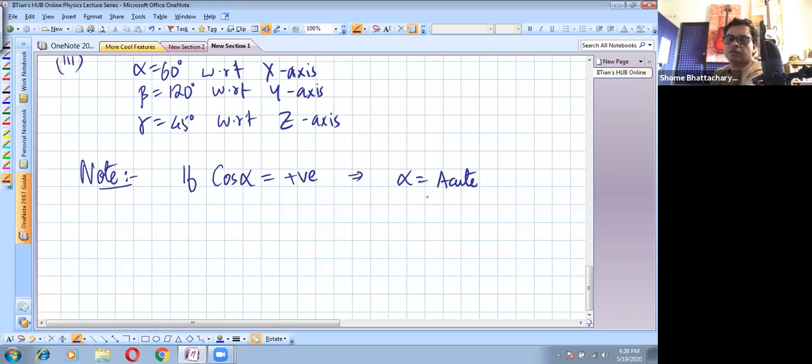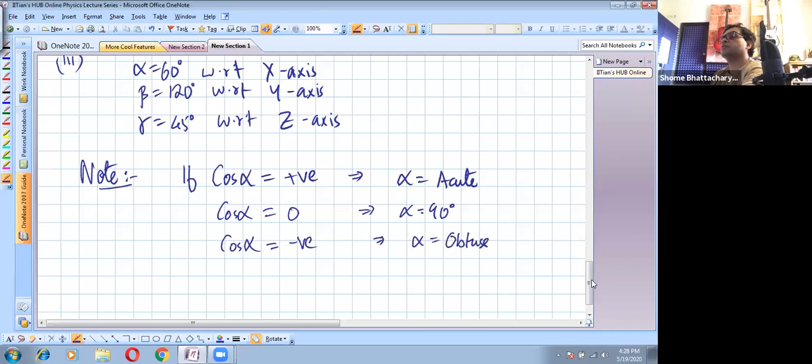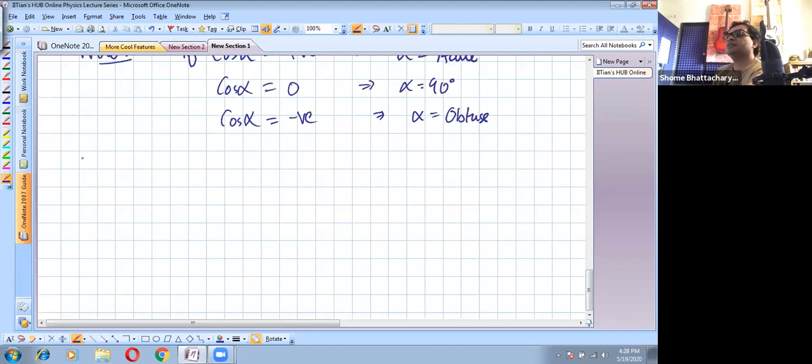Similarly, if cos alpha is 0, that means alpha is 90 degrees. And if cos alpha happens to be negative, then it just means that alpha is obtuse. That's all it means. So let's look at another couple of examples which make this very interesting.